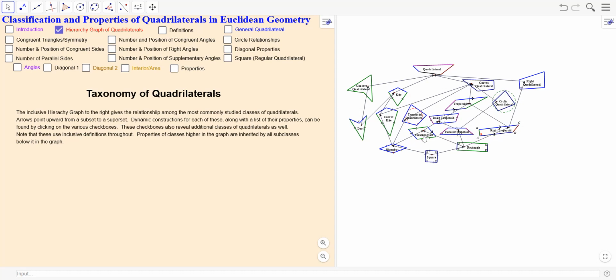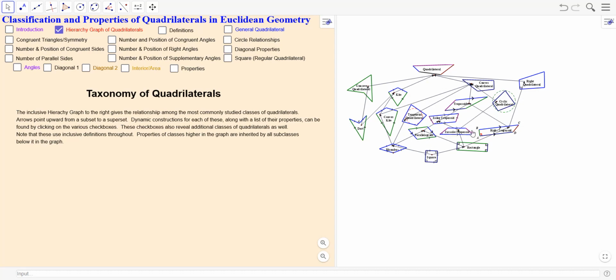Isosceles trapezoids and parallelograms both have a pair of congruent legs, so I call those isoleg trapezoids. That's kind of my own word for that. We have cyclic quadrilaterals, ones where you can circumscribe a circle around them so that it hits all the vertices. And this is my own word for this, tangential quadrilateral, where all the sides are tangent to an inscribed circle there.